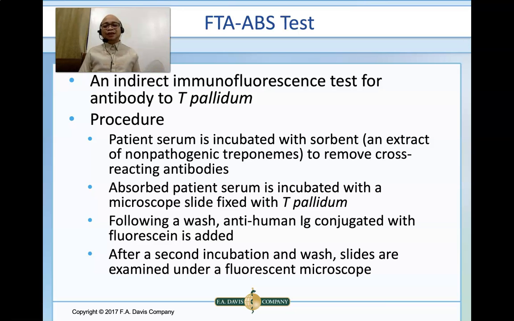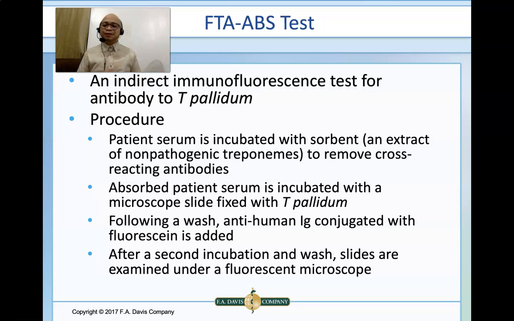Once we have incubated it, we call it the absorbed patient serum, and it is further incubated on a microscopic slide. You can acquire this slide from the manufacturer, and it already has fixed Treponema pallidum.